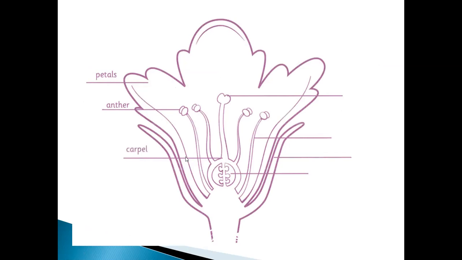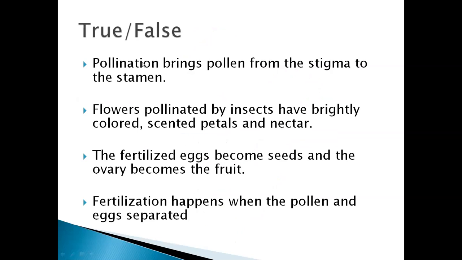After this carpel, the female part. Stigma, female part. Stamen, male part. Sepal takes care of the bud of the flower. And at the end, ovary, this part which contains eggs.